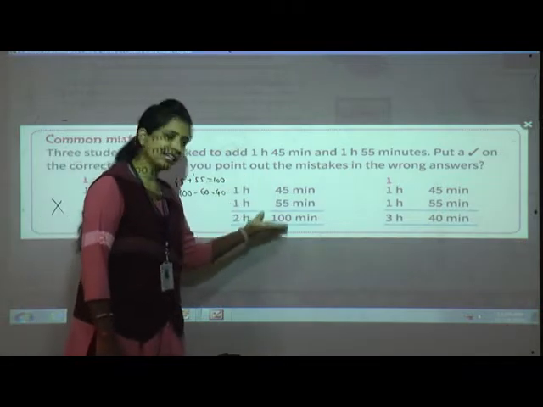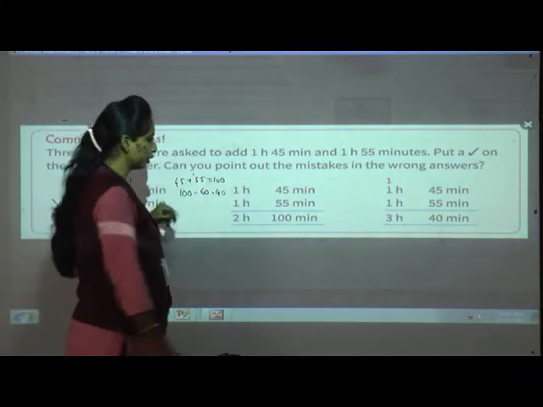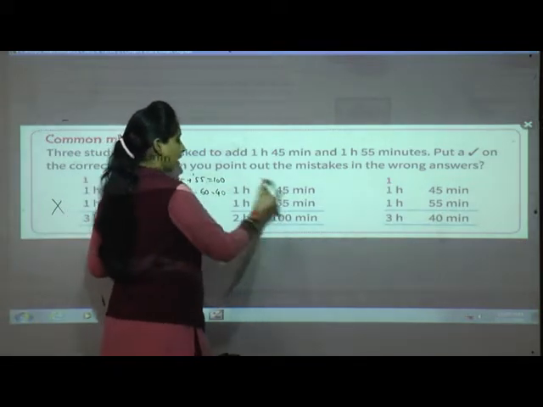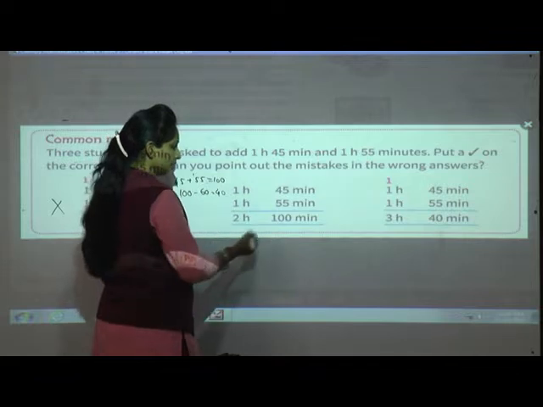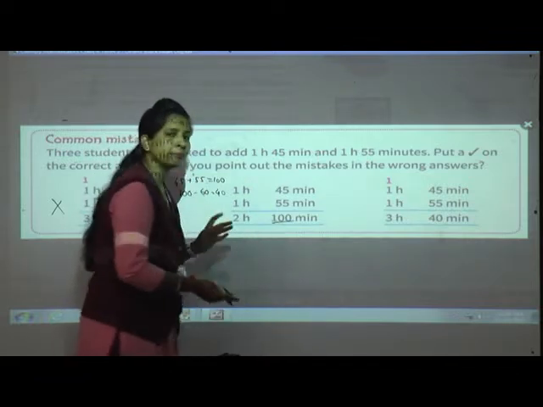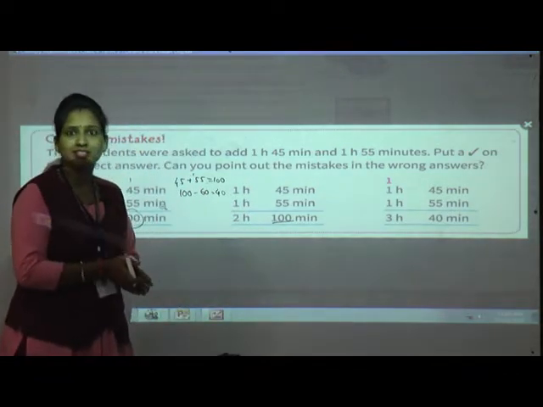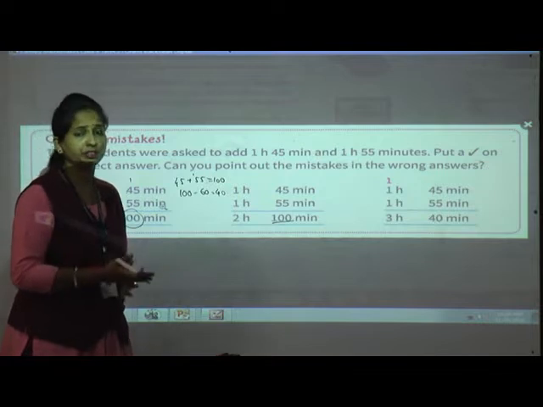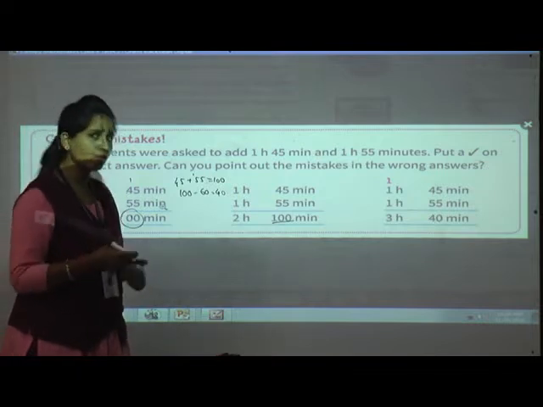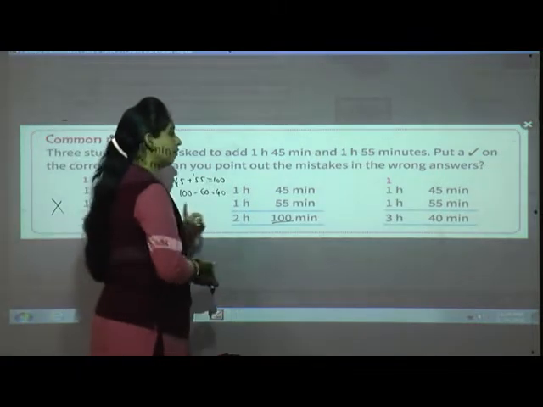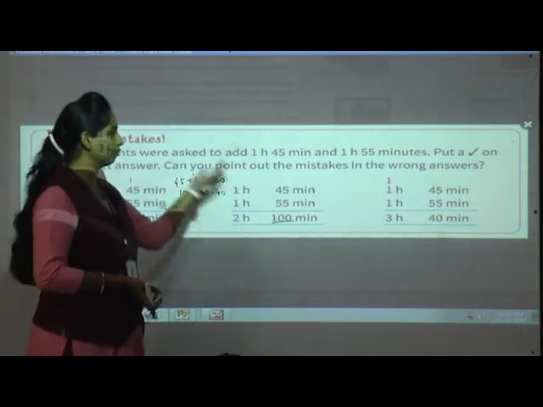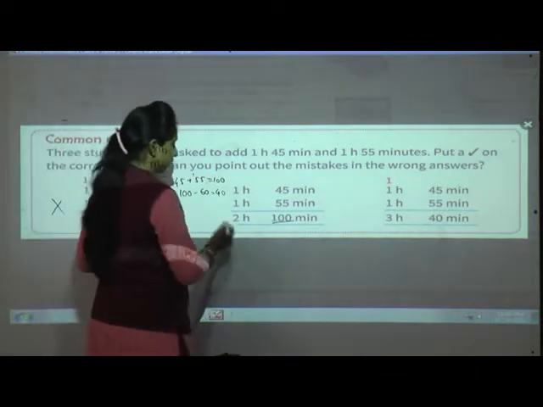See, you can do it in this way, but later on what you have to do? The 100 minutes you have to convert into hours. See here, if in the minutes column there is more than 60, you need to convert. If it is 61 also, you have to convert it. If it is 60 also, you have to convert into hours. So here 100 is there.